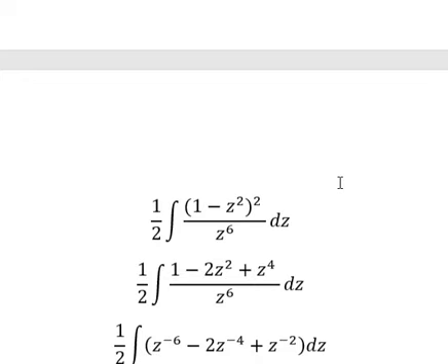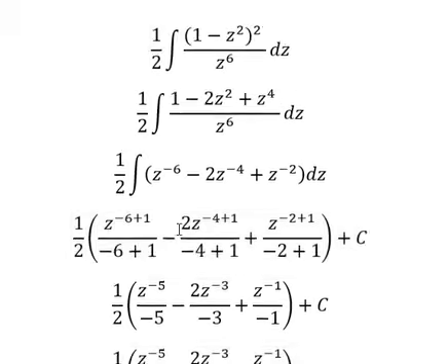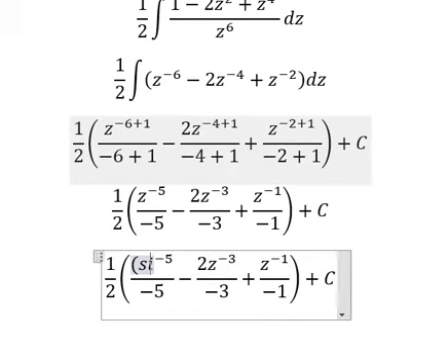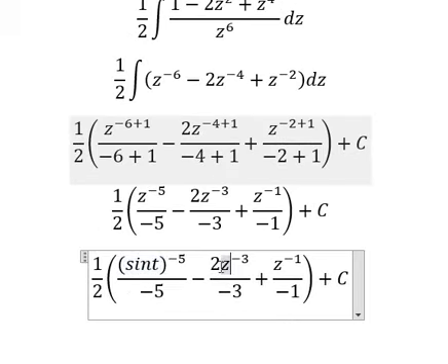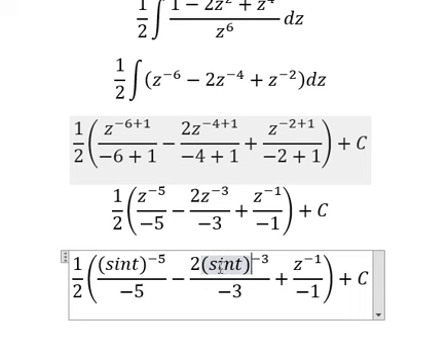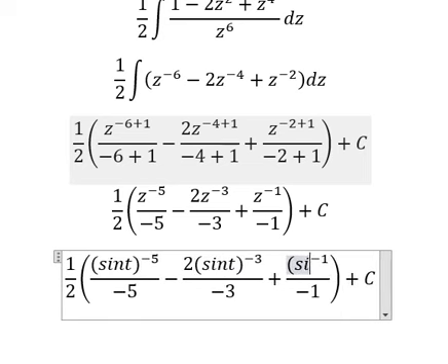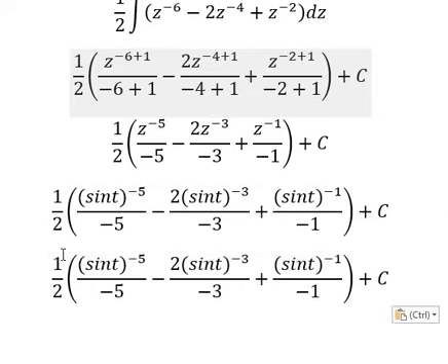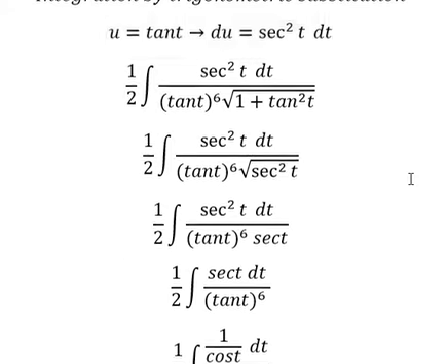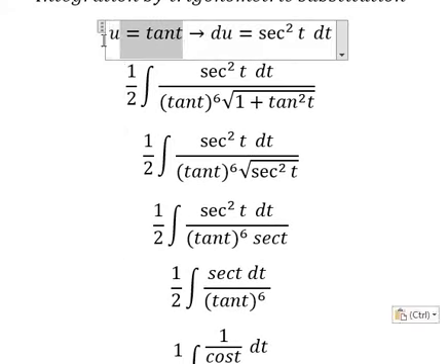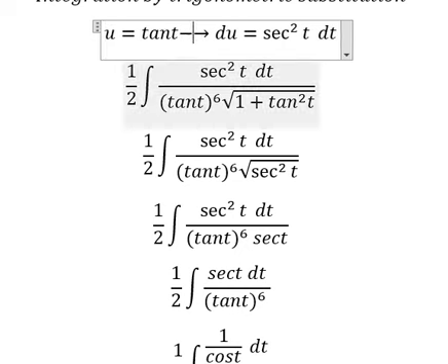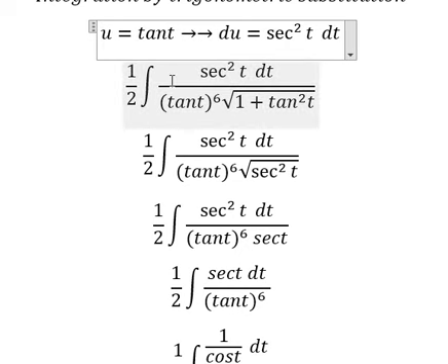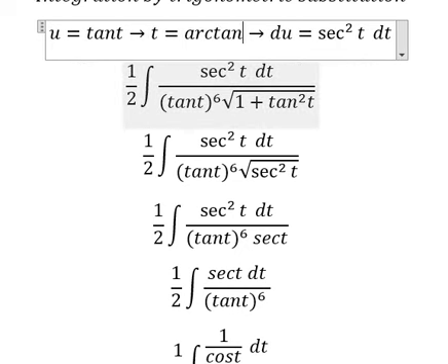For z, that's sin t. For t, that's this one. So we can find from u in here, and you get t equal to arctan of u.